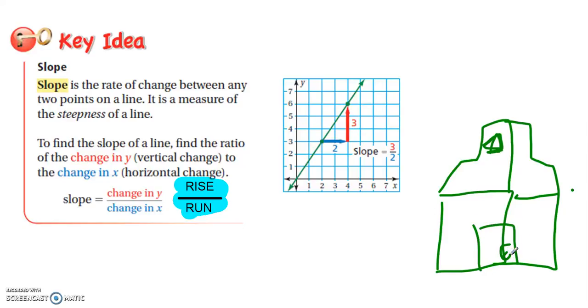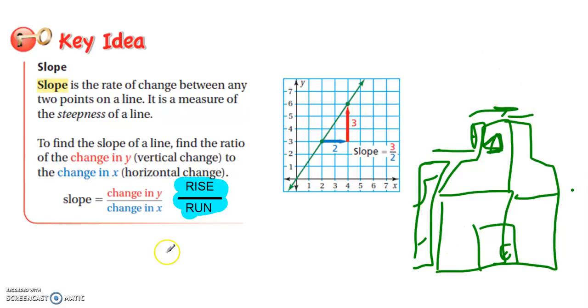So I'm going to rise up on a ladder, and then I'm running across, and then I need another ladder so I can rise and get up here to clean the rafters. Okay, this is obviously a horrible picture, but you get what I'm saying. So we're rising up the y-axis, and then we're running, and then we're rising, and then we're running. Okay?